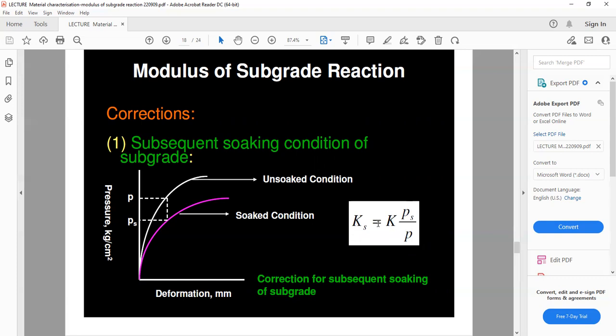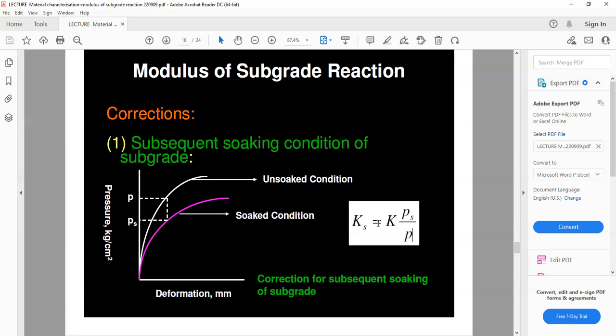So this is the correction. You can use this corrected value as input in pavement design only when you have used a standard plate of 75 centimeter diameter.